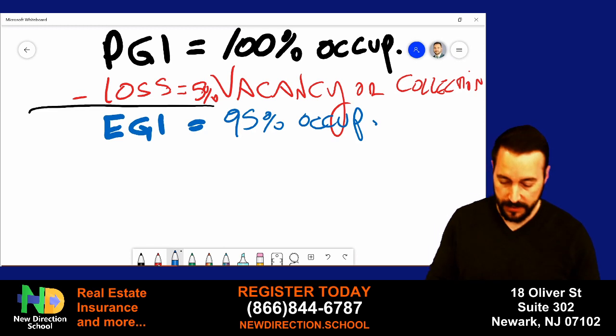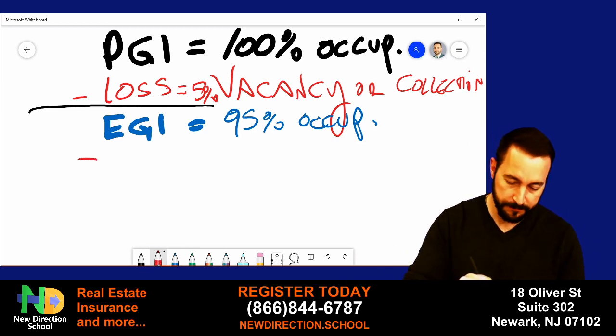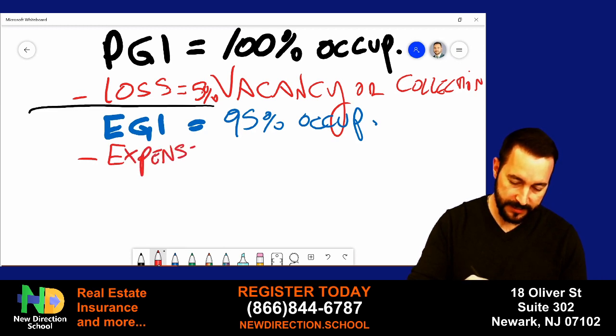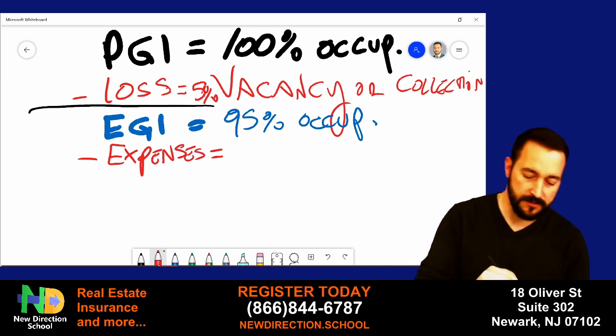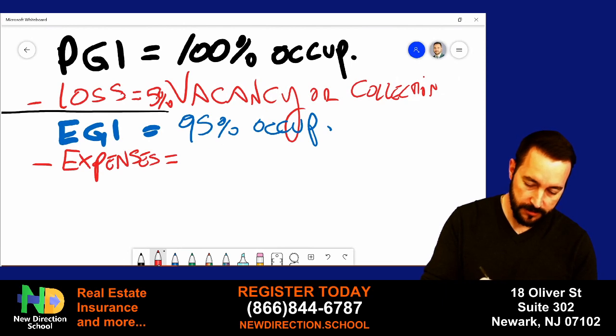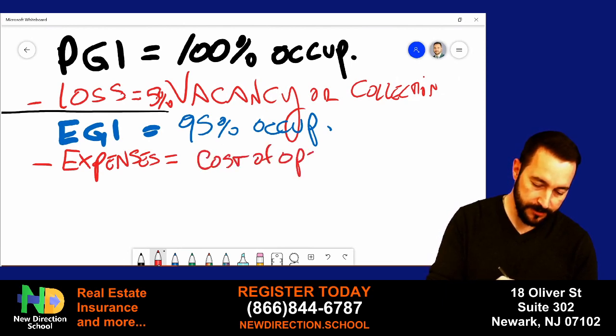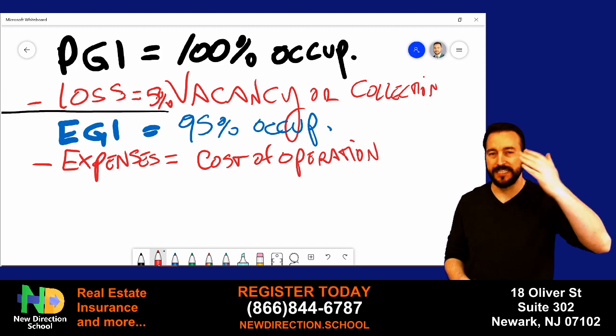So that means for this purpose we had to deduct expenses. And what are expenses? I call this pretty much the cost of operation. So these things in red are the things we need to deduct, right?